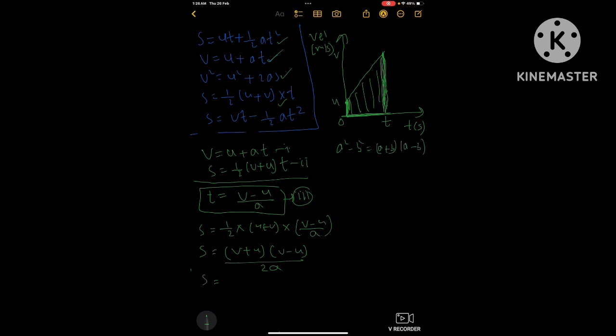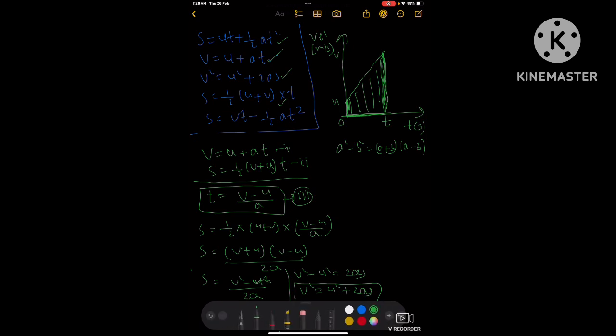So s equals (v squared minus u squared) divided by 2a. So v squared minus u squared equals 2as, and v squared equals u squared plus 2as. So that's the fourth SUVAT equation. We have derived four equations.